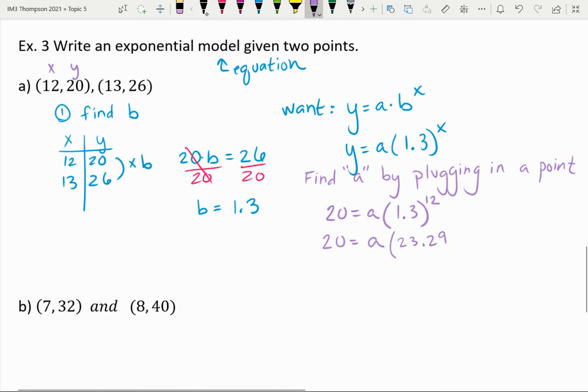Thank goodness for handy dandy calculators. Now there's a whole bunch of decimal places there. I'm not going to write them all down, but I am going to use all of them in my calculator. To get a by itself, I have a times 23.29808512, and so on. So I'm going to divide by that number.